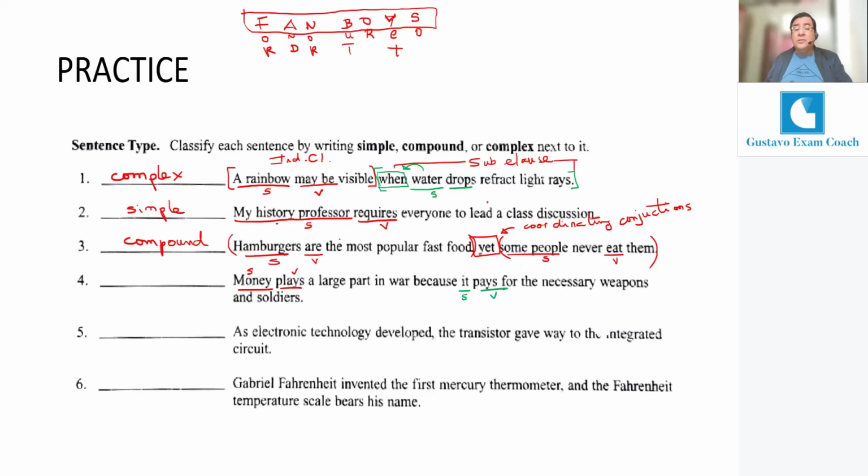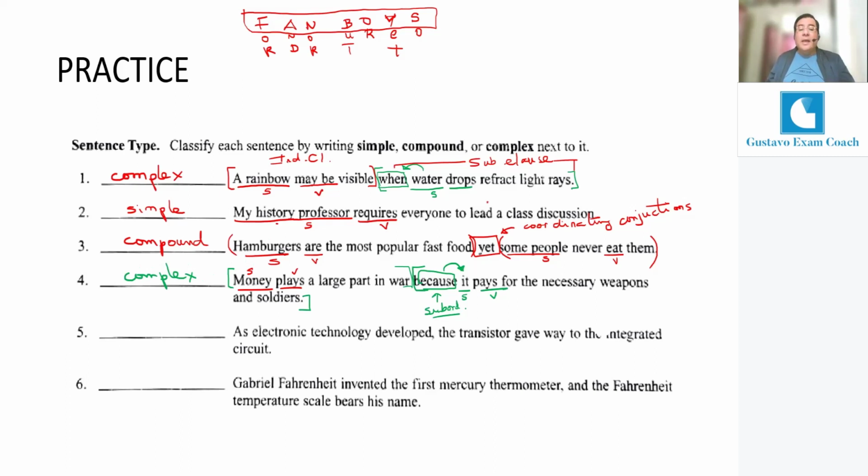We have 2 clauses: 1 independent clause, and 1 subordinate clause, since we can see the word because just before the subject it. It is a subordinator, right? Because of this, we can see this is the clause association that we call a complex sentence. One more time. All right, let's keep going.